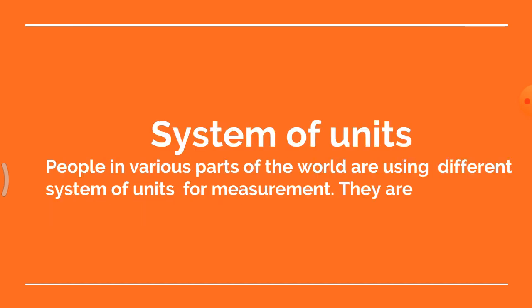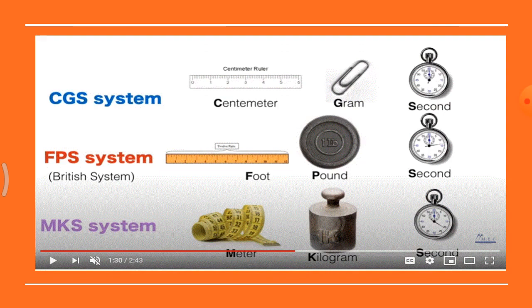System of units. People in various parts of the world are using different systems of units for measurement. They are CGS, FPS, MKS. Let us discuss one by one. CGS system. In the CGS system, C stands for centimeter, G stands for gram, S stands for second.